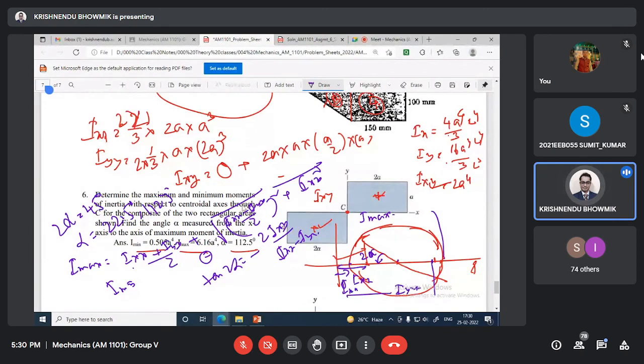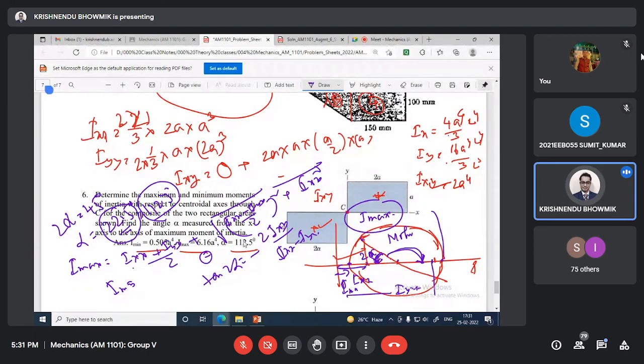But which one is maximum? Be careful. This is the IXX value, and this is the lower value. Rather than if you have to move this to this, that is the higher value. The lower angle, 22.5, corresponds to the minimum value. Look into the Mohr circle. The lower value is the minimum one. The higher angle is the maximum value, I max.